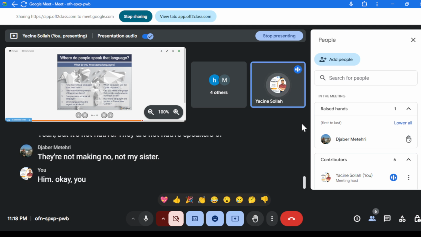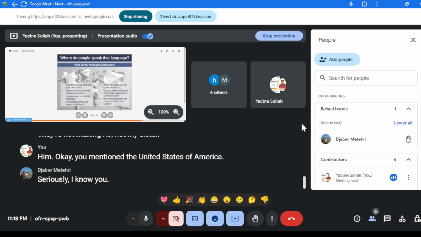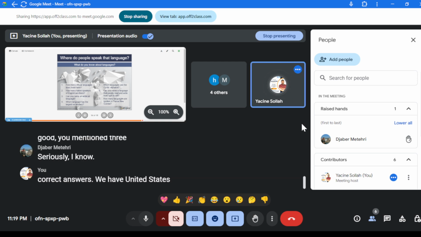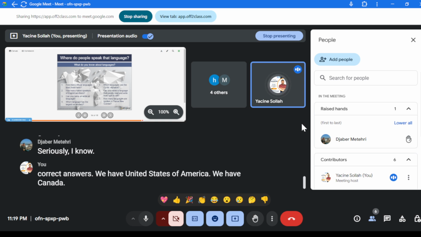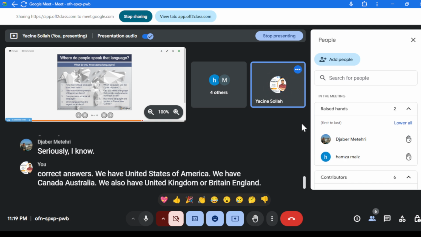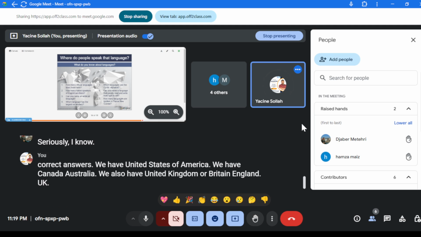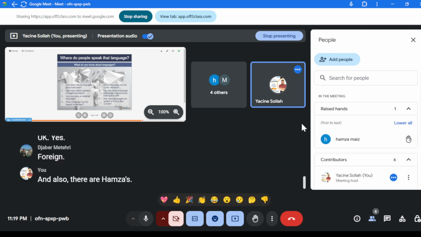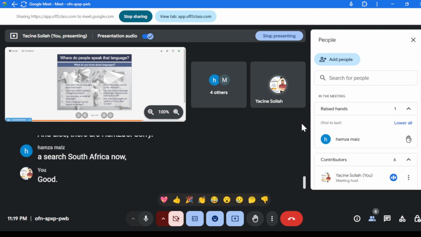Okay, you mentioned the United States of America. Good. You mentioned three correct answers. We have United States of America, we have Canada, Australia. We also have United Kingdom or Britain, England, UK, yes. And also there are, Hamza, yes? South Africa, good, yeah. South Africa is also included.